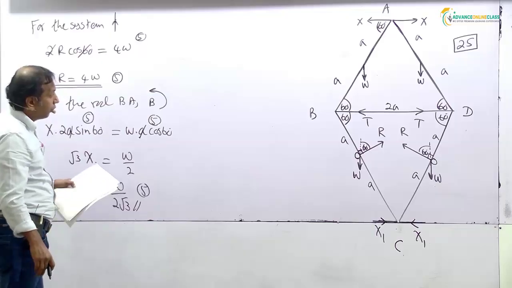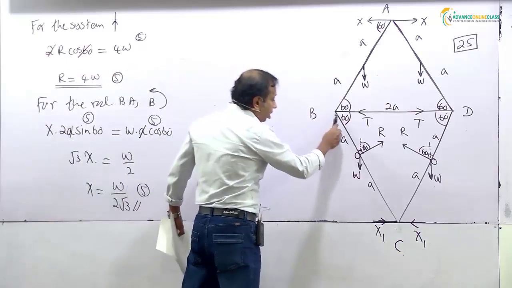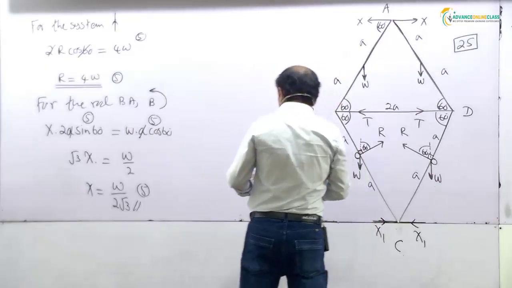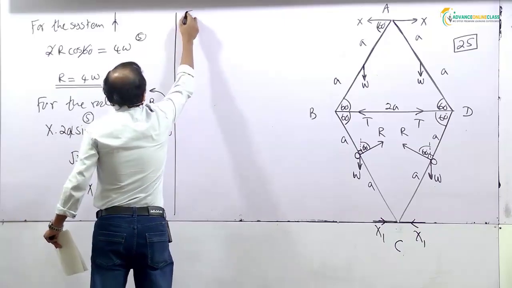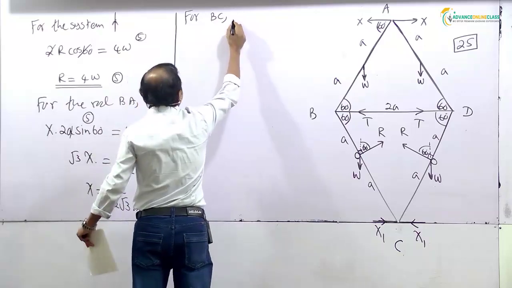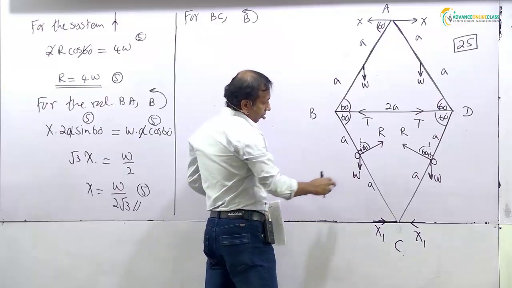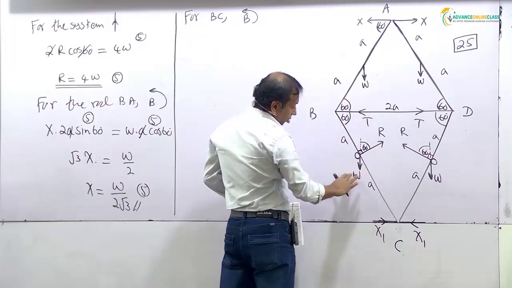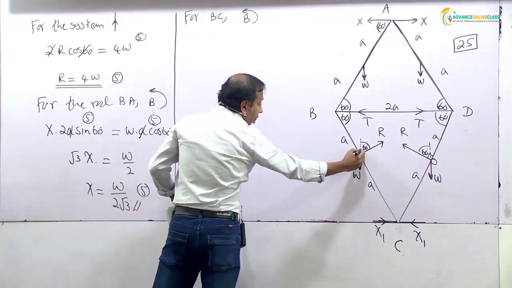Right, next one. For the rod BC, we take moments around B. We write that here. We take anticlockwise. What are the forces? R around B gives anticlockwise, X1 anticlockwise, W clockwise. R is already perpendicular to this point.